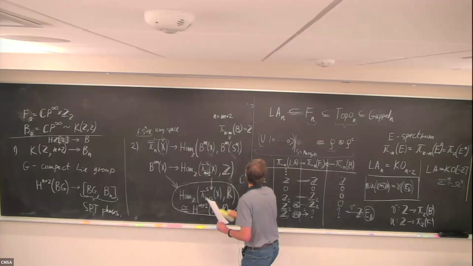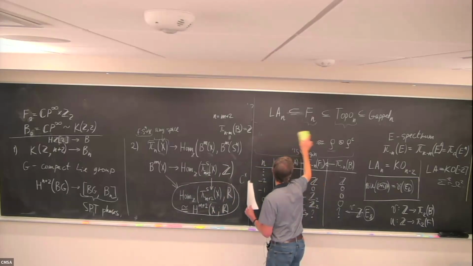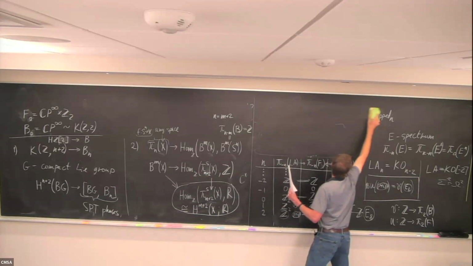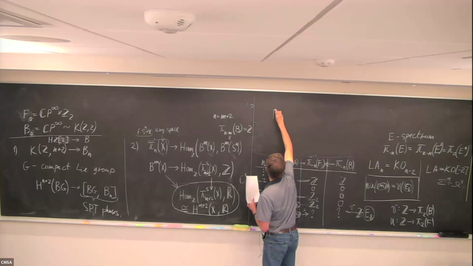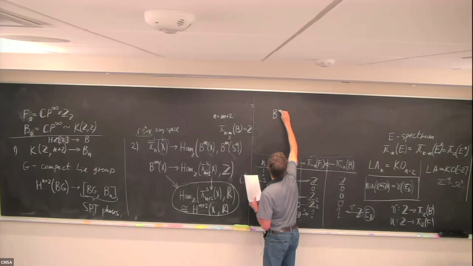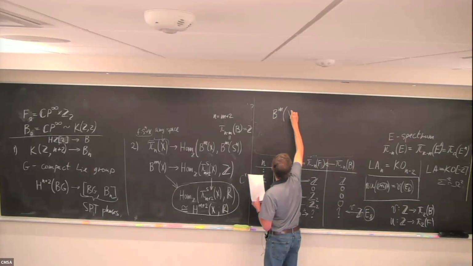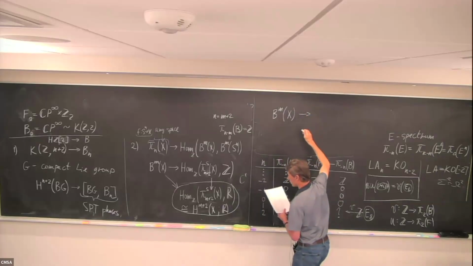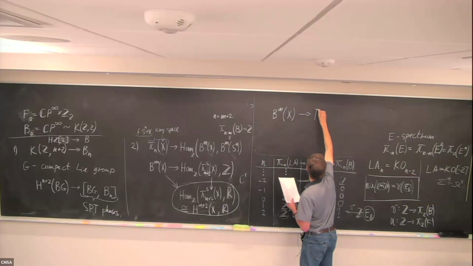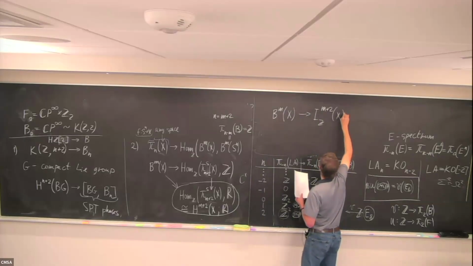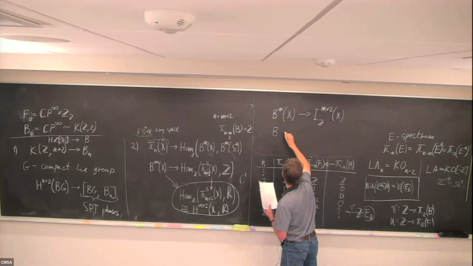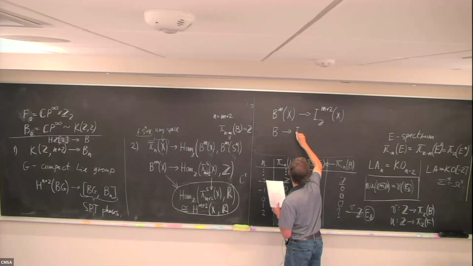So on very general grounds, we have argued that there is a map from Pm of X to, from B to IZ shifted by 2.